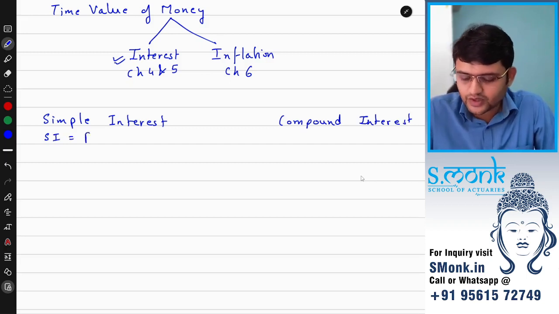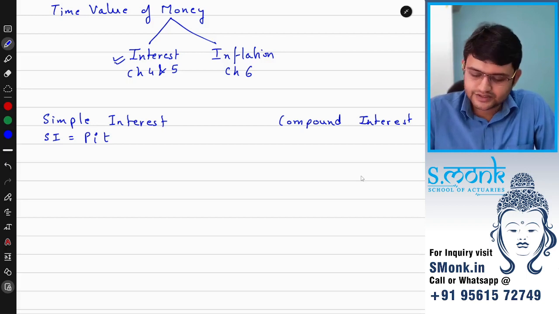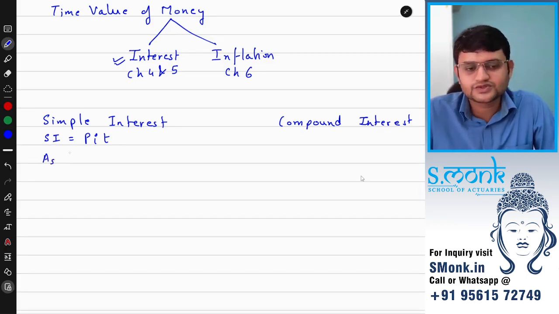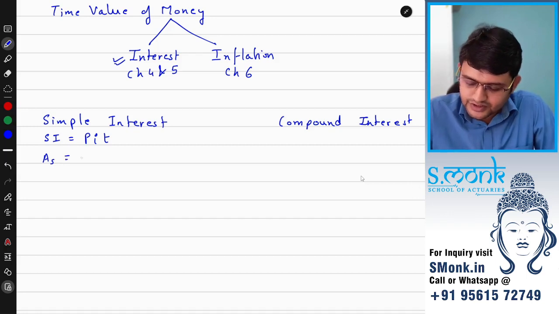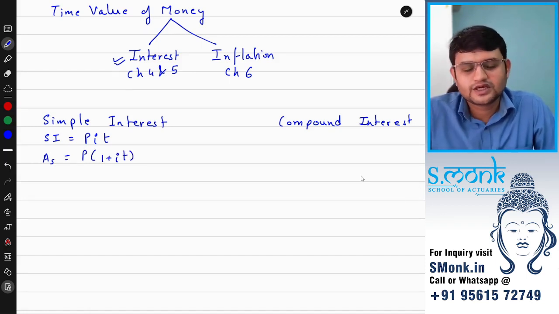So how do we calculate? We say principal amount into rate of interest into time. That becomes the simple interest. And if I say how much is the accumulated value, AS, because we are talking about simple interest, we'll say it is principal into 1 plus IT, because it is principal plus the interest.